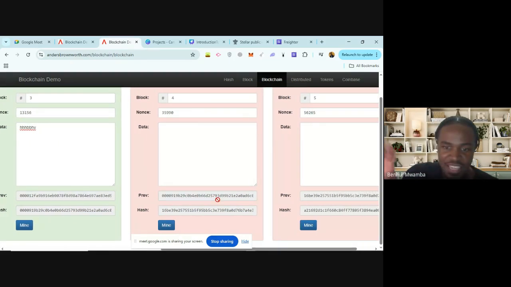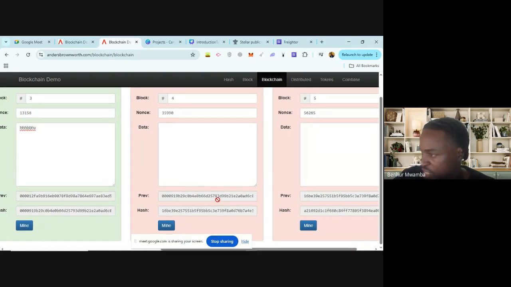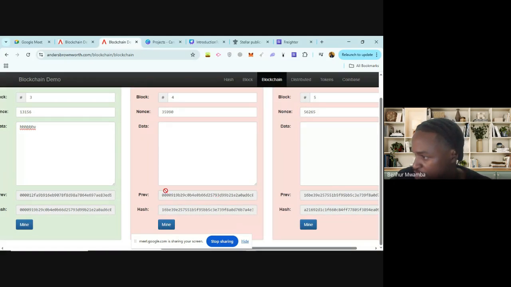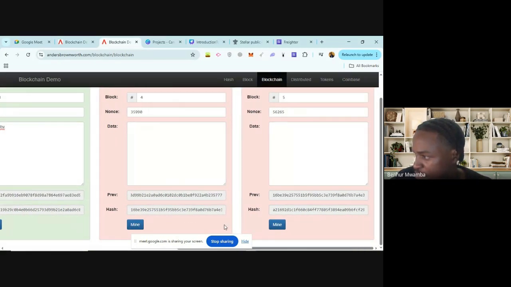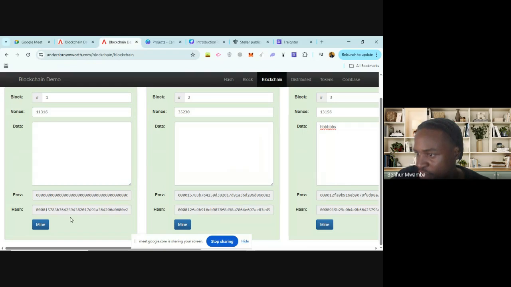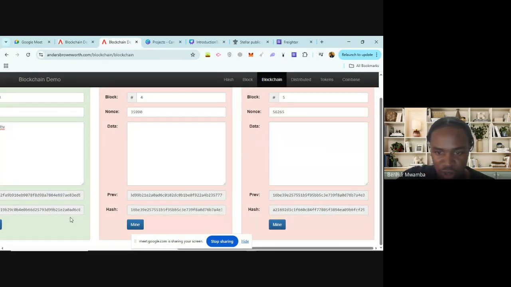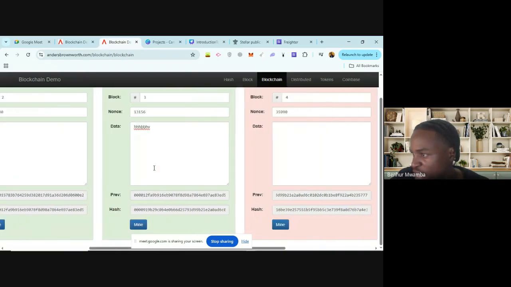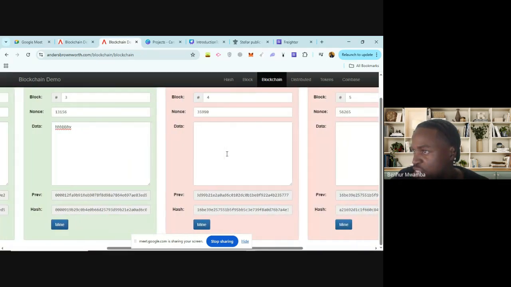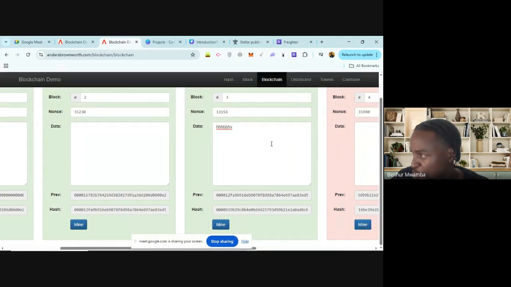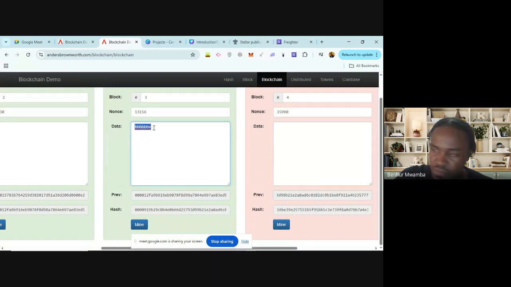Let's say we have a whole chain of different blocks that was mined, and then someone tries to hack, for example, try to change data from the third block. I'll be able to change it, but then it's going to mess up all the blocks that follow.